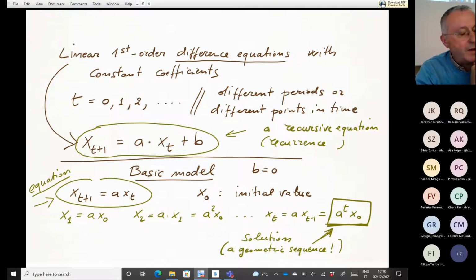But keep in mind that in general, the reason why we model in continuous time or in discrete time depends on the type of application. For instance, if there is a model in which you want to use data that are available at discrete points in time, for instance, monthly data, it's quite natural to build a dynamic model in discrete time.